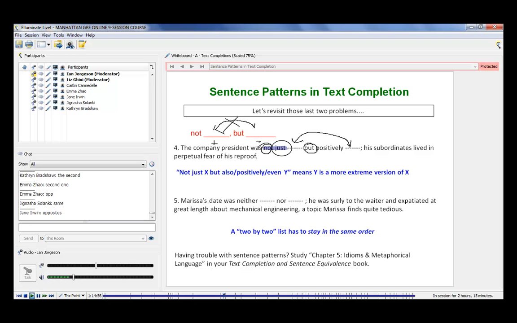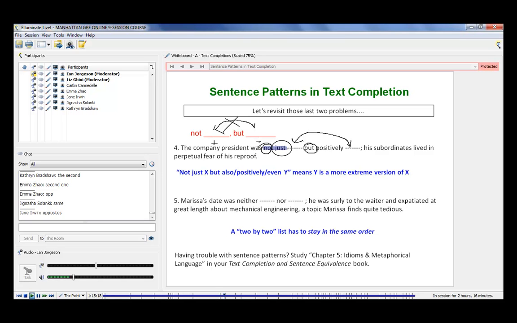And then we also get the one that Caitlin handled for us at the end about Marissa's date. We didn't explicitly say this, but I want to say it now. If they give us a list of things, the list has to stay in the same order. Now, in real life, we don't do that. A good writer varies things up. A good writer might say Marissa's date was neither interesting nor polite.